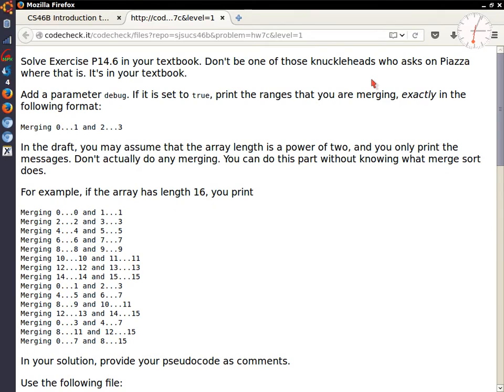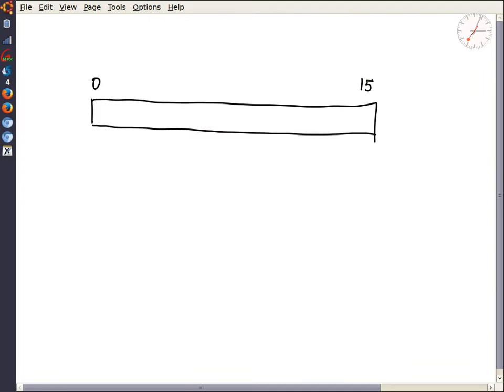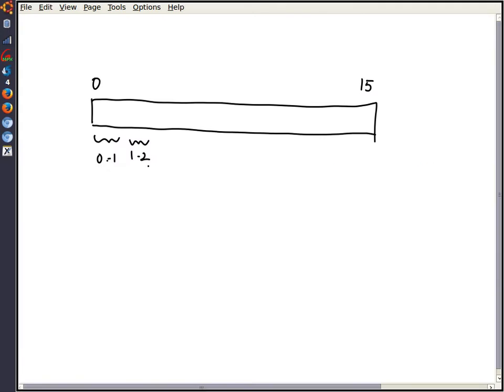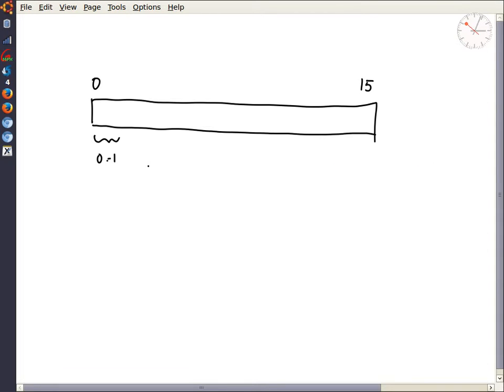And now we're supposed to be merging, so I guess we're starting out with merging things of length 2, right? So we're merging from 0 to 1. No, we're merging of length 1, I see. So I guess that's the smallest we can merge, eh?